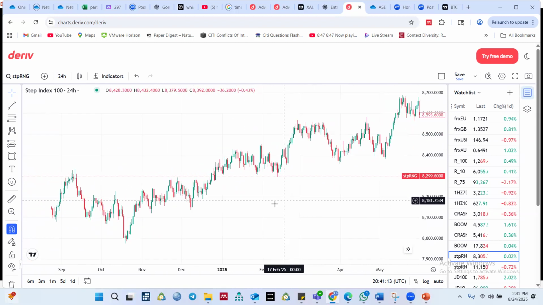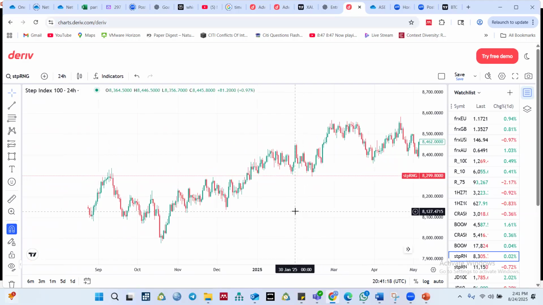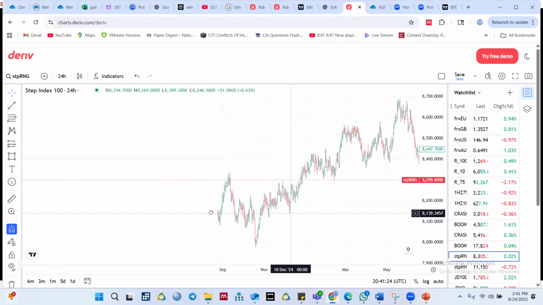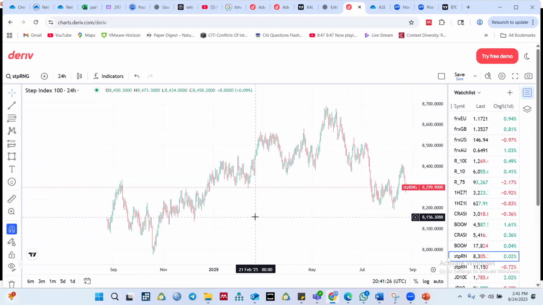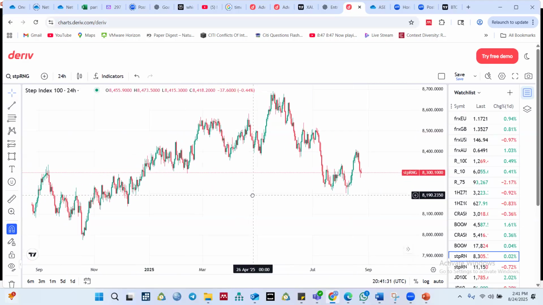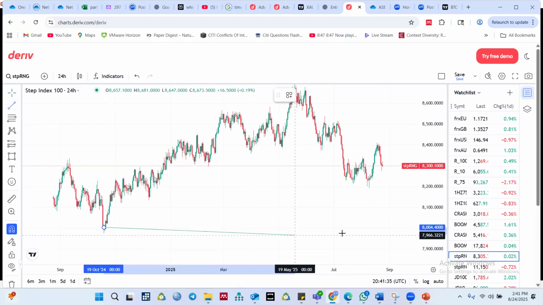Can you guys check your MT5 on step 100 and go to the weekly or monthly time frame and let me know if there is more price action. This is 24-hour on the trading view. Let me know if there is more price action below this area.